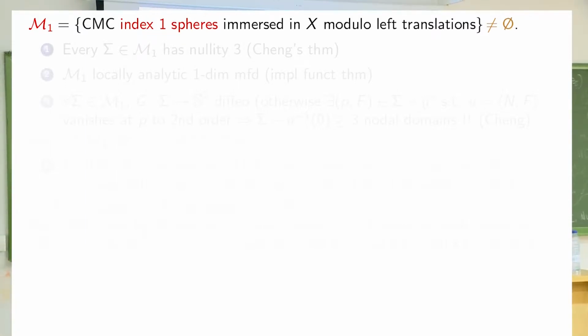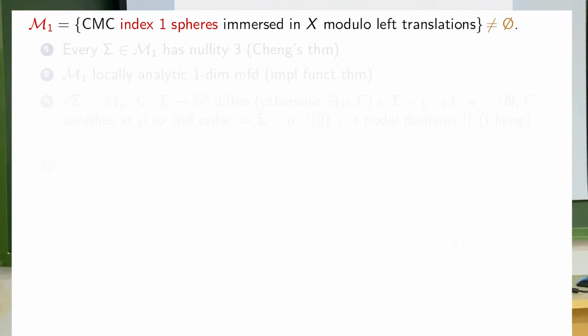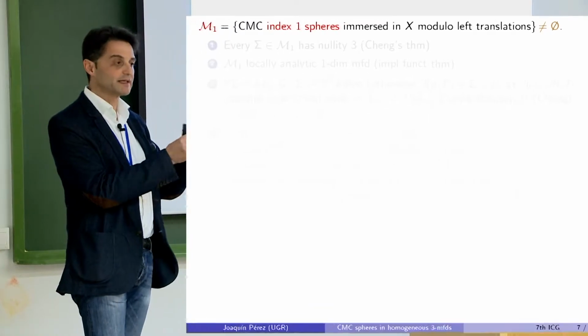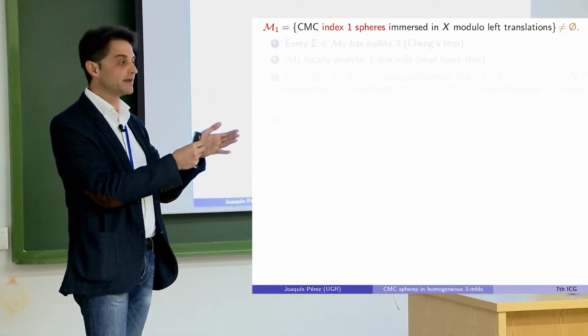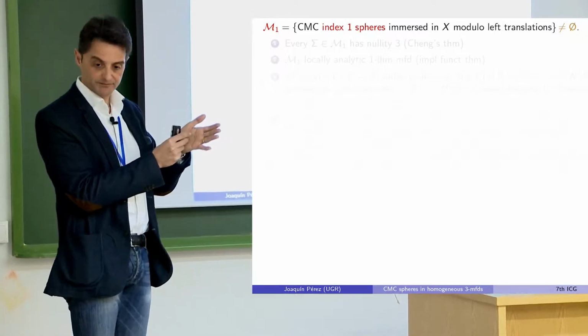in my ambient space X, a metric Lie group. First, that class is non-empty. Why is it non-empty? Because if you try to solve the isoperimetric problem for very small values of the volume, you can do it for any value of the volume because you are in a homogeneous three-manifold. But do it for very small values of the volume.